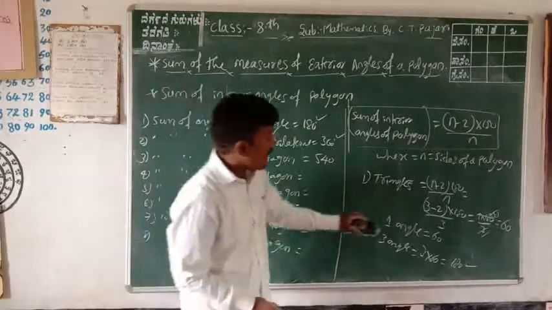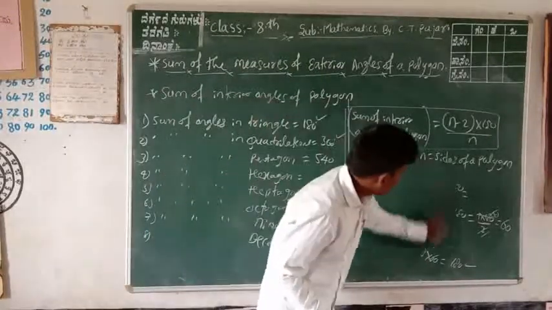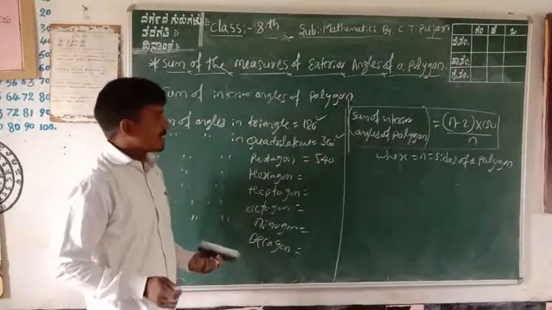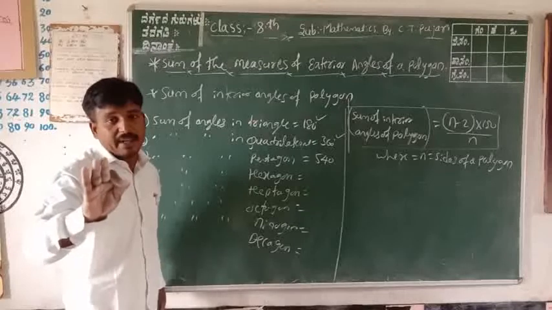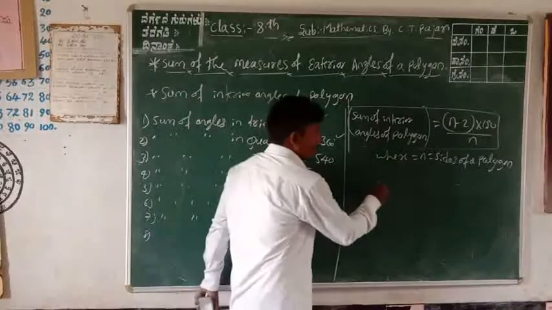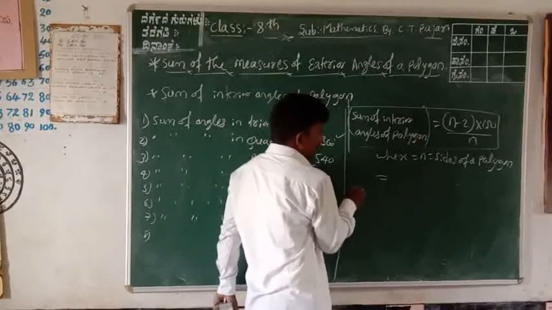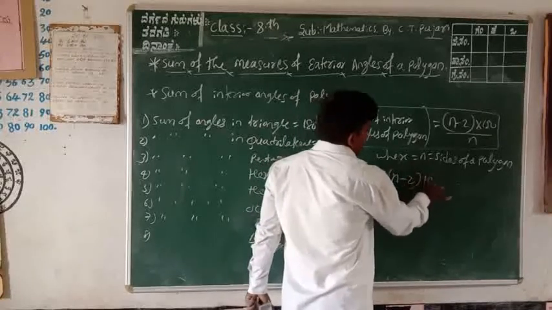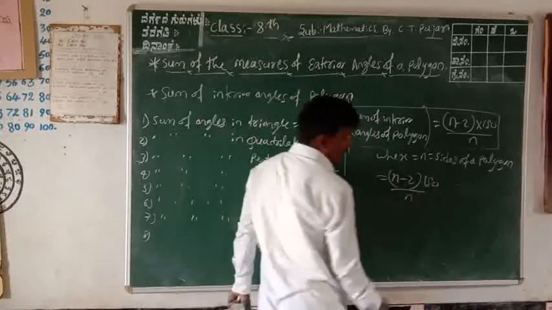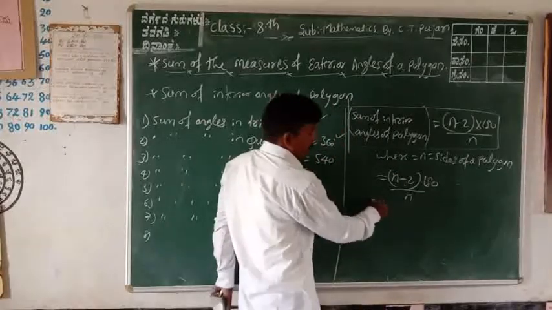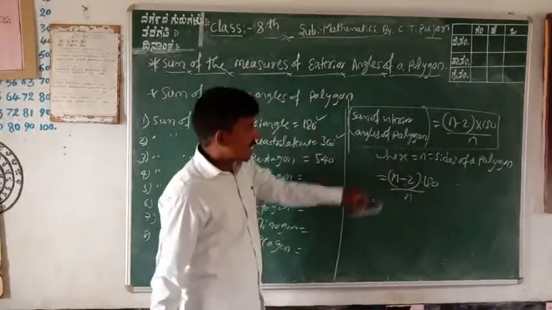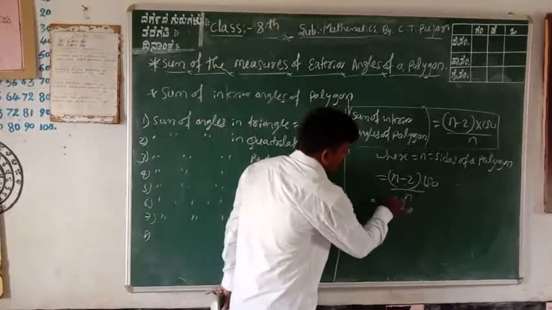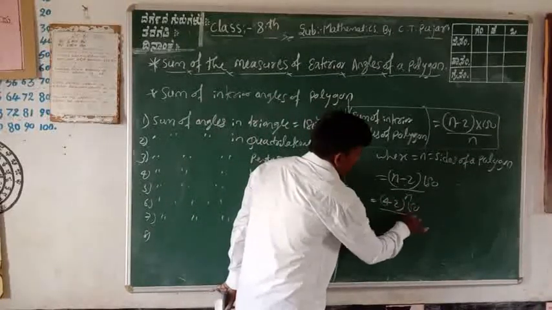Next, you can apply it to a quadrilateral. Sides are 3, that is a triangle. Sides are 4, that is a quadrilateral. Again, the formula is (n minus 2) into 180 degrees divided by n. Put the value: 4 sides. (4 minus 2) into 180 degrees divided by 4.